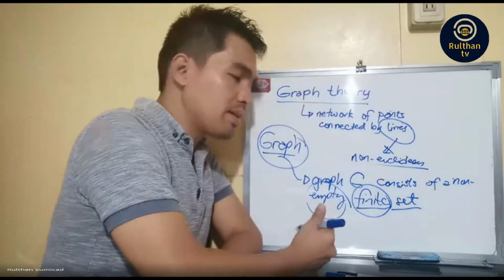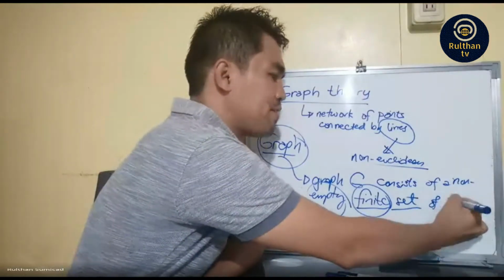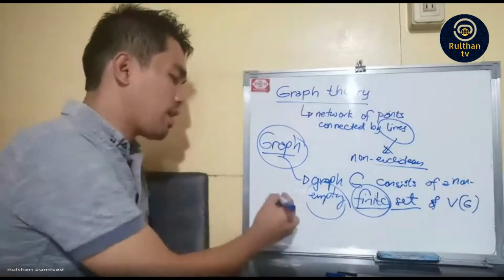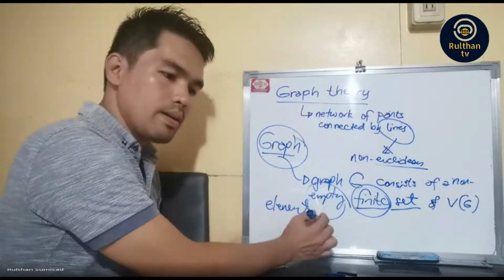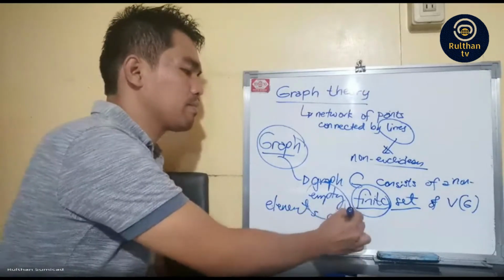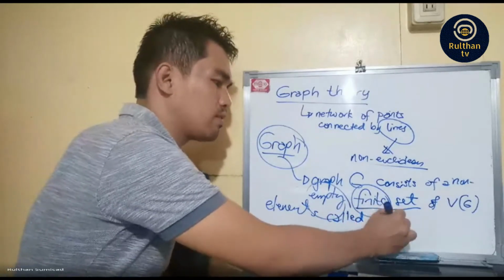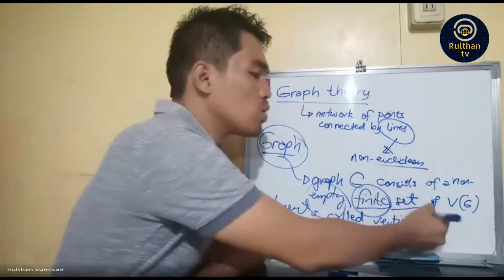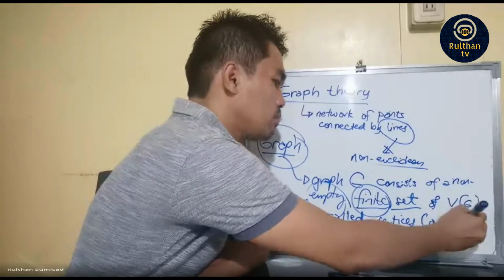The set V of G, which is called the elements, called vertices, also known as nodes.